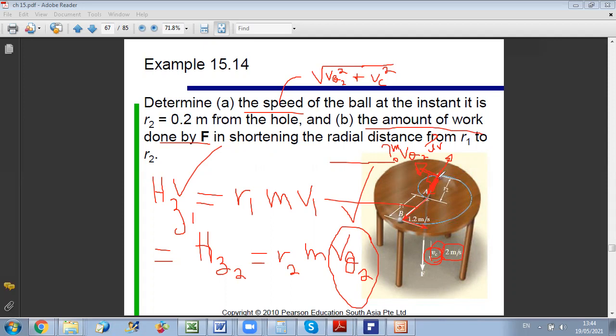The only force doing work is F, because the weight and the normal are perpendicular to the motion, so they will not do any work. So the only work done is by F, and I can calculate this work by applying the principle of work and energy. So work of F is kinetic energy at state 2 minus kinetic energy at state 1.